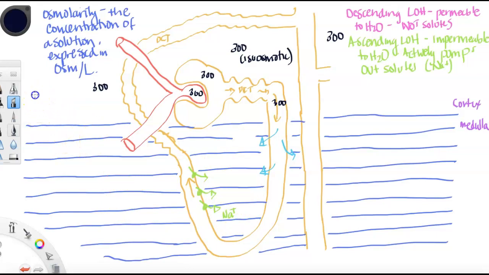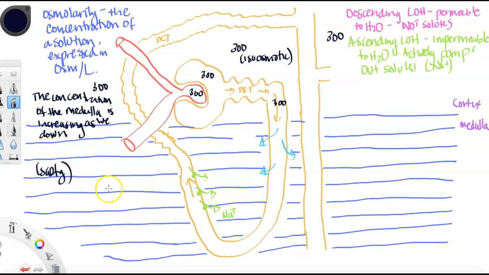Okay, so the concentration of the medulla is changing, it's increasing as we go down. So it's getting more and more concentrated and very, very salty. It's very salty here. Okay, I mean, we're getting a bunch of sodium pumped out of here and other ions. So it's a very salty area. And the further you go down, the saltier it gets.